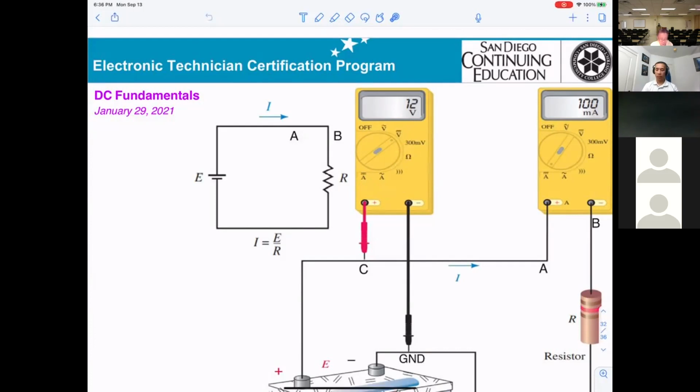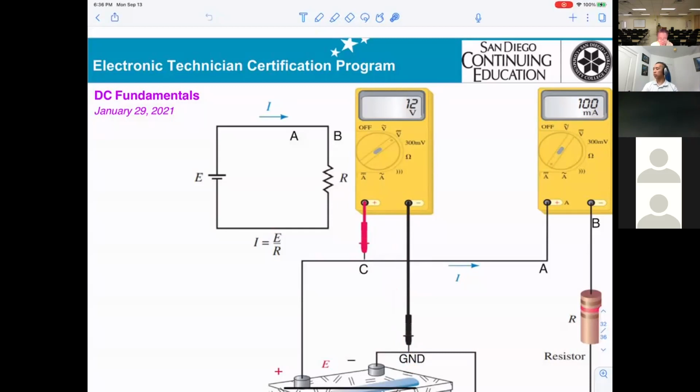Only thing I make sure you understand: when you measure the voltage, you connect the positive of the voltage meter to C and the negative to the ground, or to a different point.